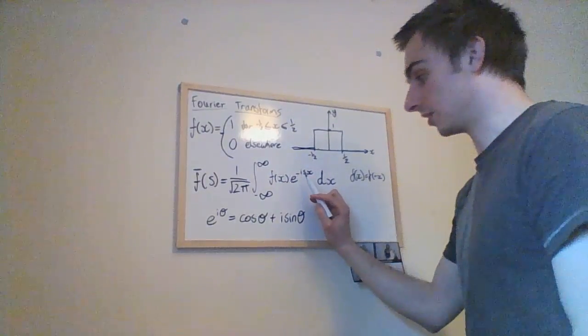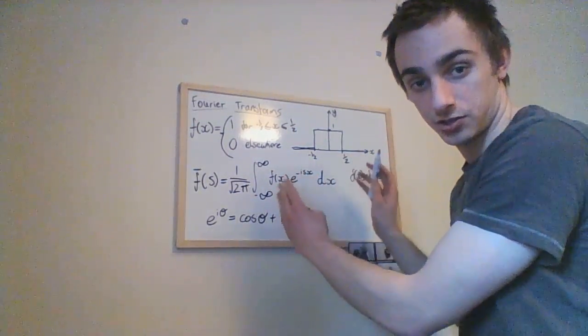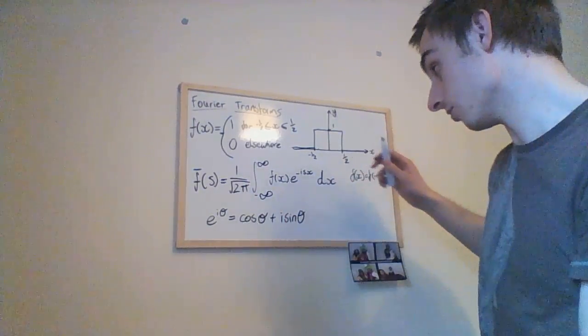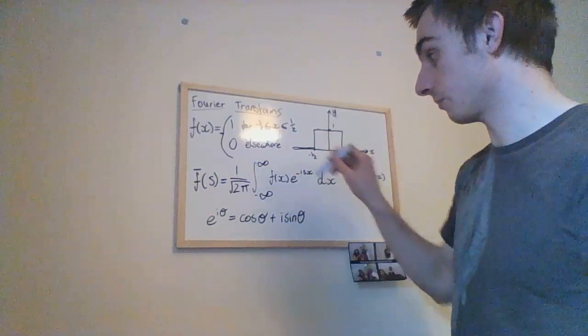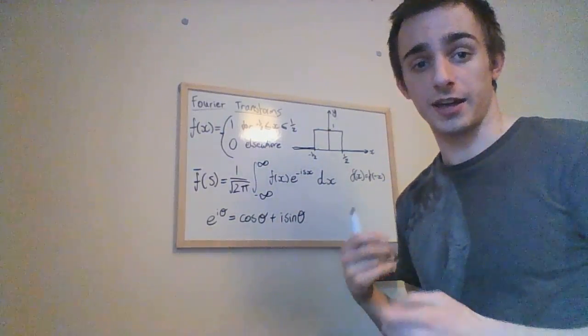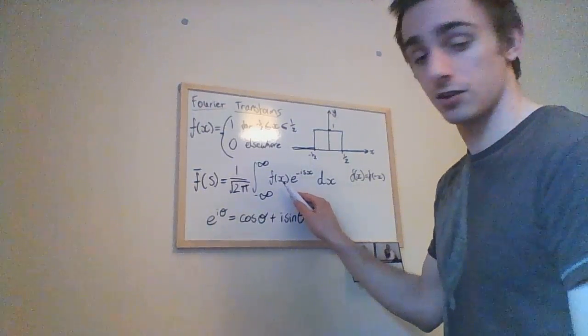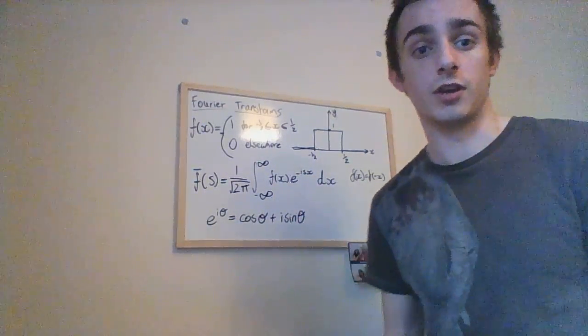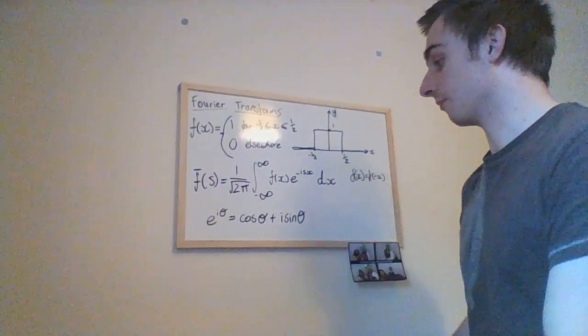So this is really cos plus sine on the imaginary axis. By doing this, we have an infinite sum here. So we're adding infinite numbers of cos and sine waves with different coefficients every time, which is what we do in a Fourier series according to Fourier's theorem.